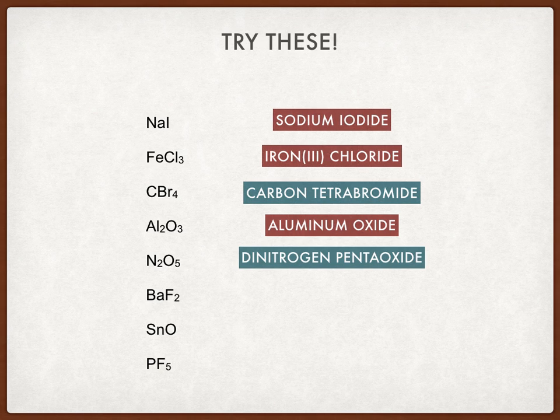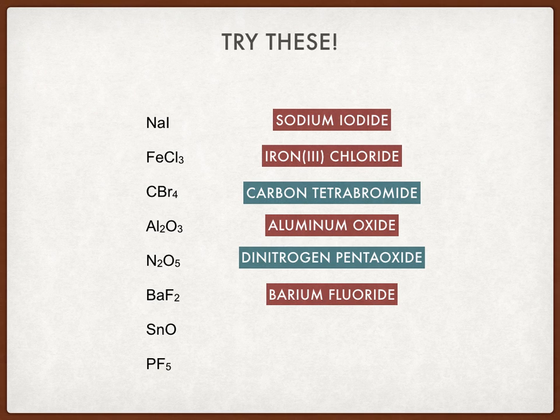BaF2, this is an ionic compound, barium is a metal, fluorine is a nonmetal. Barium is in the second column of the periodic table. It's not a variable charged metal, so we don't need to include Roman numerals. It's called barium fluoride.